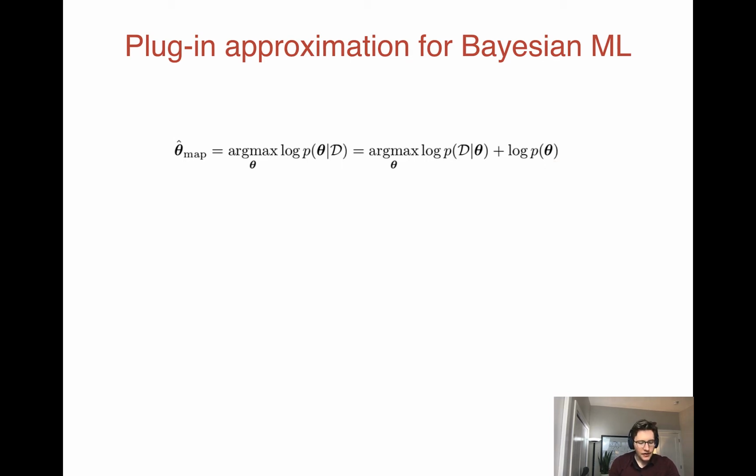Notice that the minus log p of D term went away because all we care about is the maximum over theta. So we don't need to worry about that term.